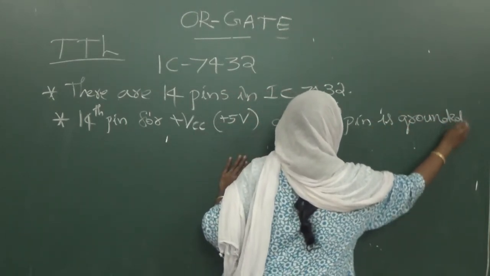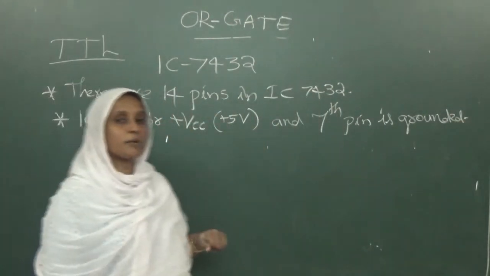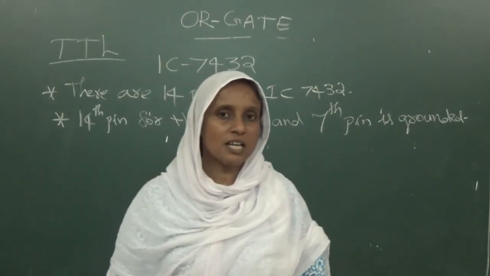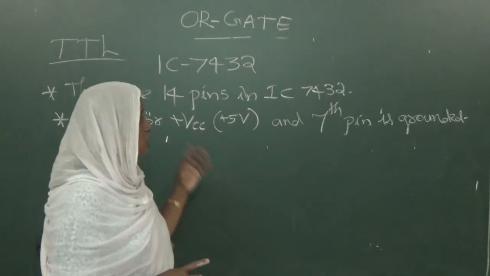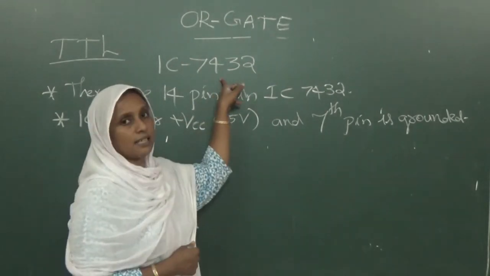Then in this 14 pin IC, we have only 12 pins left, right? Using these 12 pins, you have 4 OR gates in this IC.